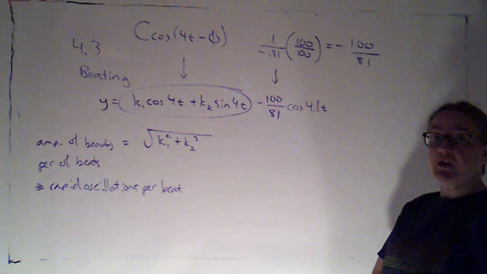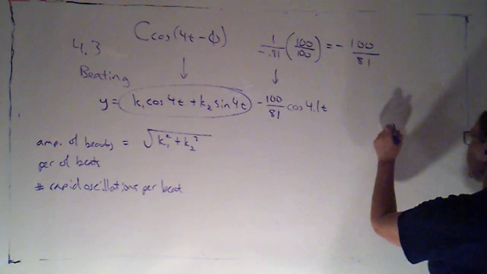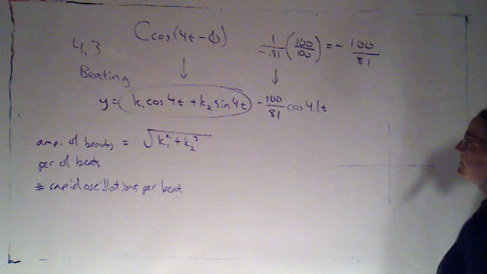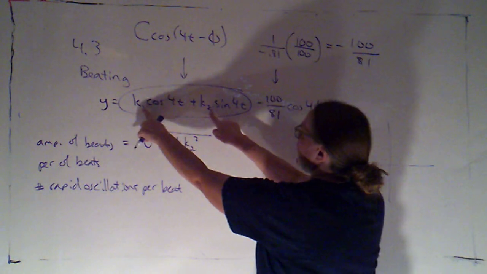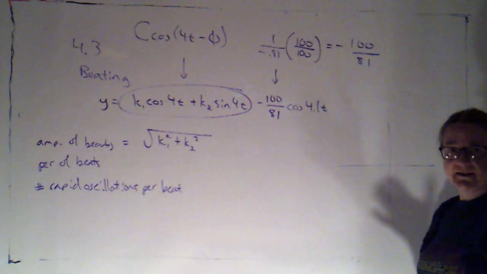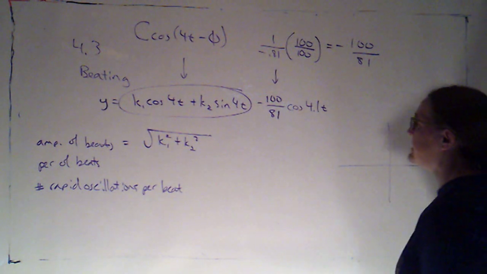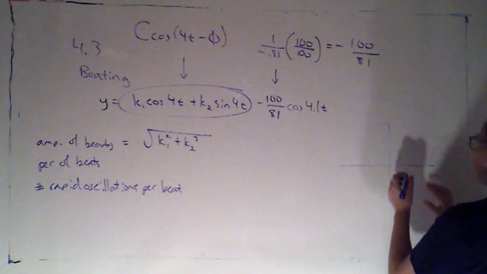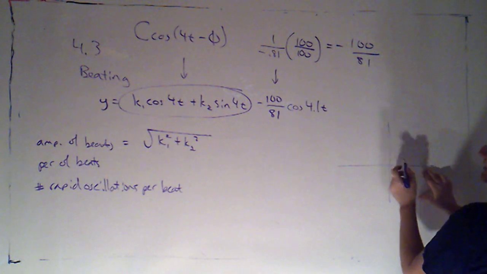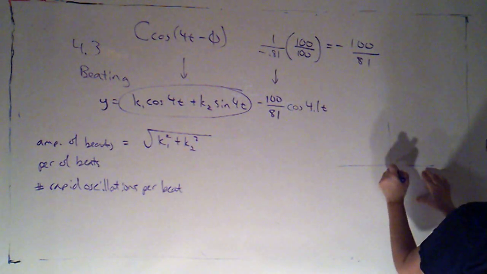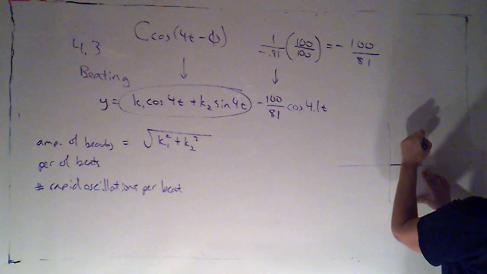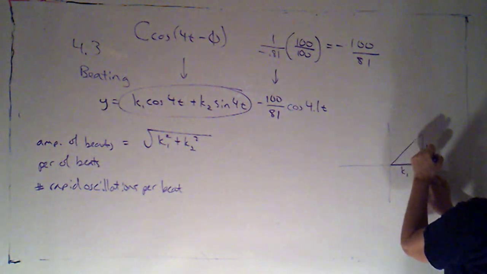The way we figure that out is by drawing this lovely triangle. I'm going to draw this as if k1 and k2 are positive. Obviously, they could be negative, in which case I would draw things in a different quadrant. I would put a side of k1 here, k2 here.